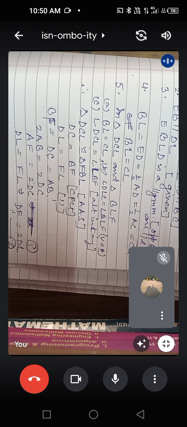I repeat the question. PQ and RS are two equal and parallel line segments.